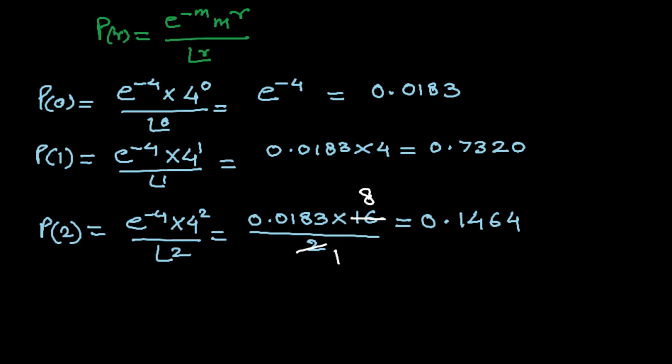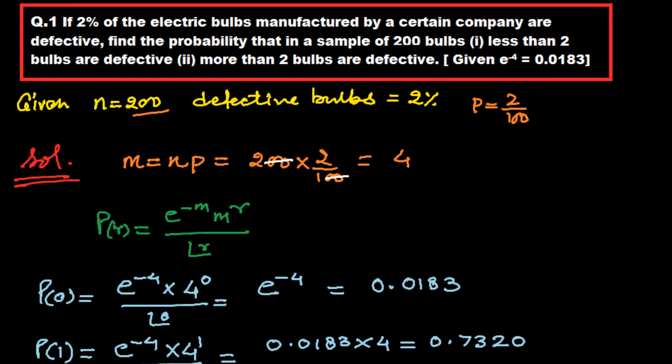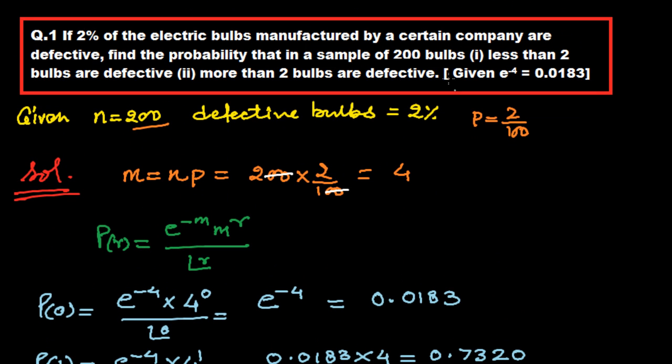We don't know how many bulbs may be defective at any time. It may be more than 4, more than 5, more than 6, it may be 200 also. The whole batch of 200 could be defective, but we have to find out according to this Poisson distribution. So we see how we get it. First, less than 2 bulbs are defective.